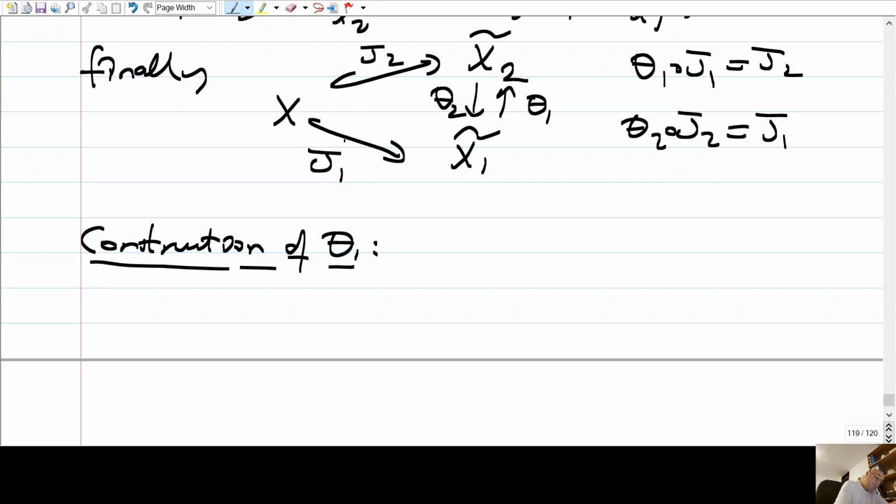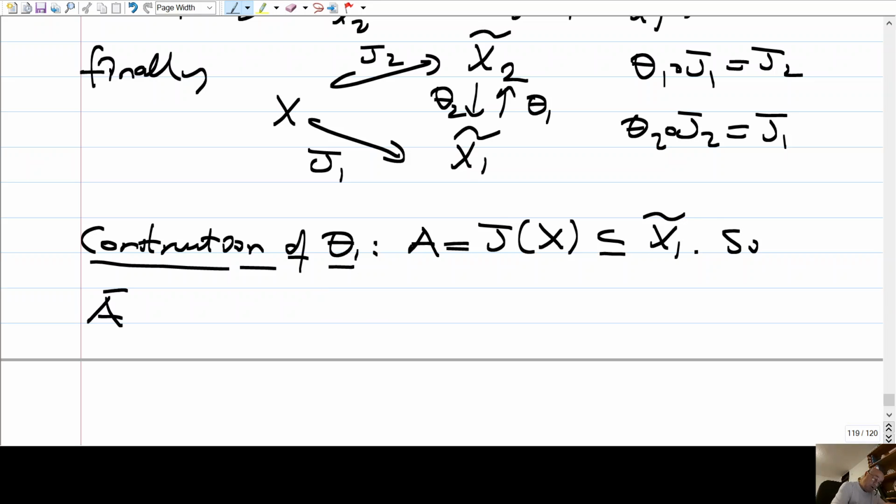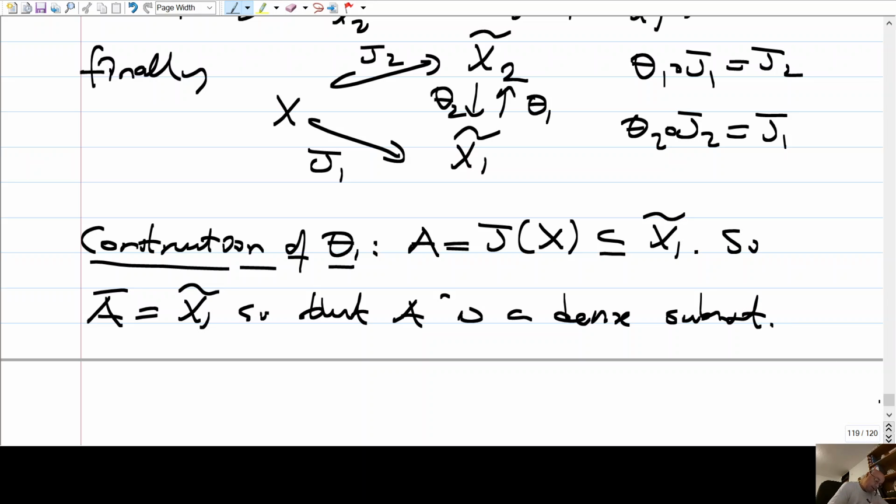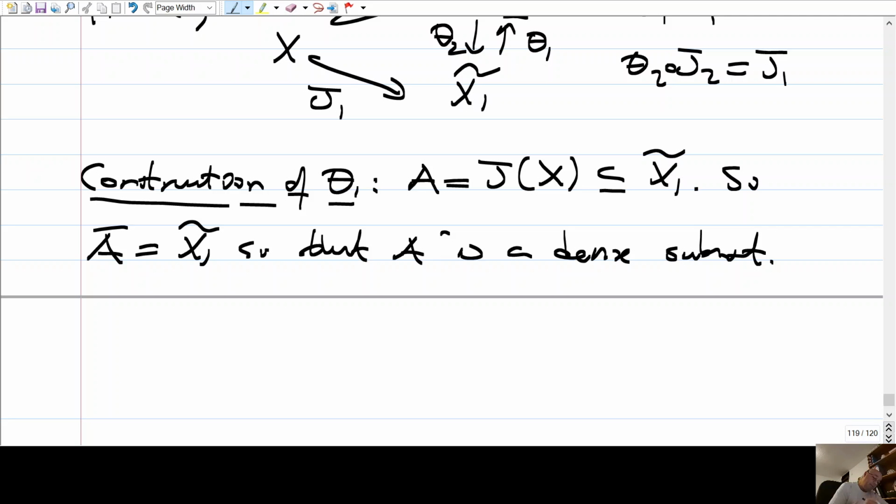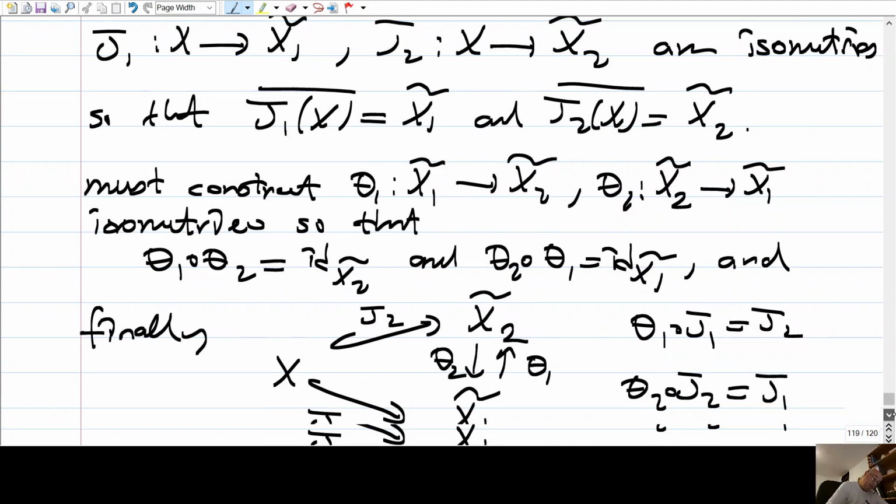So let's say A to be the subset J1(X) in x1 tilde, right? We know that its closure is just x1 tilde, so that A is a dense subset, and I have the following map, right?